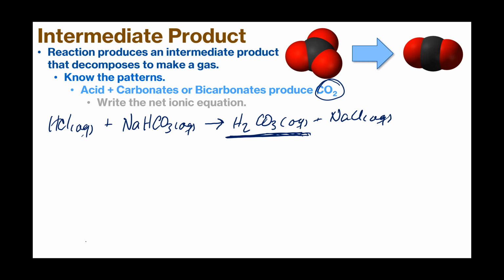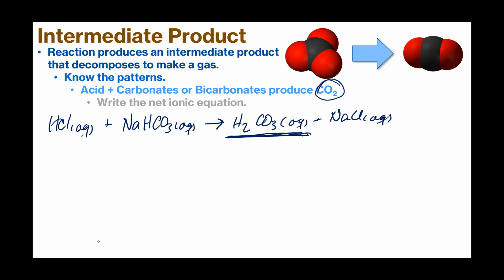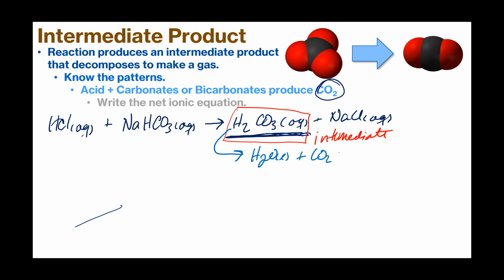This thing is unstable and decomposes to give us two other products. So this thing is our intermediate. It's going to decompose and give us water, liquid, and CO2 gas.